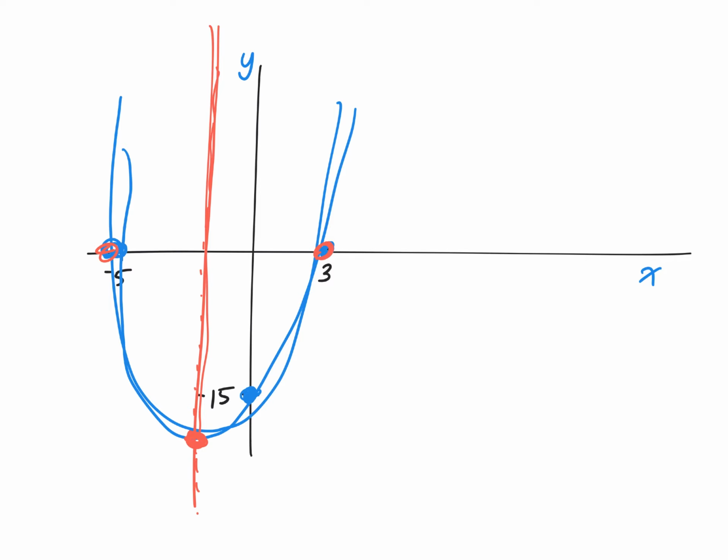So can you figure out halfway between negative 5 and 3? Can you figure out the midpoint, the halfway point? How would I figure out half of something? I would add them together, negative 5 plus 3, and then divide it by 2, right? Negative 5 plus 3 is what?